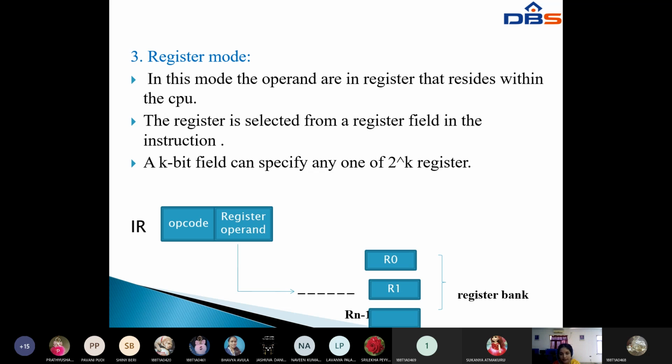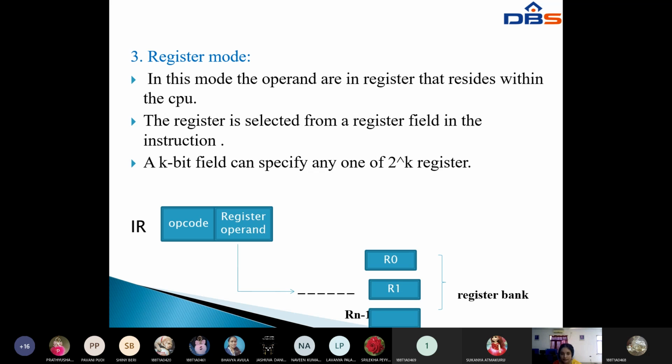The register operand is stored in the registers. Whatever operands we have, the operands reside in registers within the CPU.